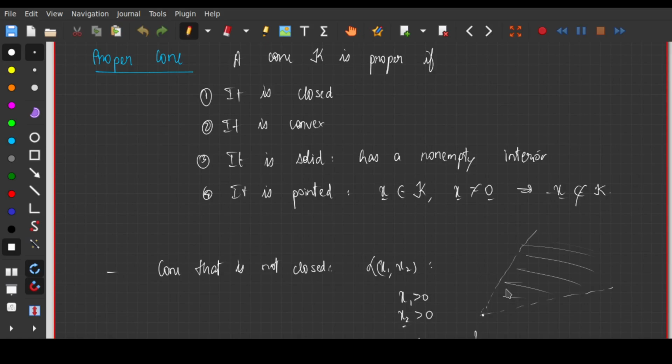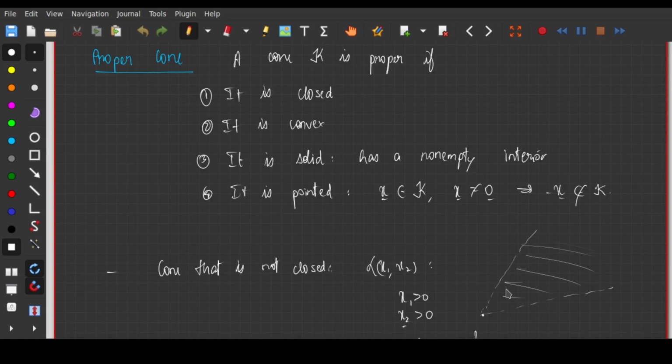So it's a cone which is closed, convex, solid and pointed. Right. So you've seen closed and convex cones before. It is solid, which implies that it has a non-empty interior. It means that there exists some n-dimensional Euclidean ball which is completely contained inside the cone K. That is what it means to have a non-empty interior.